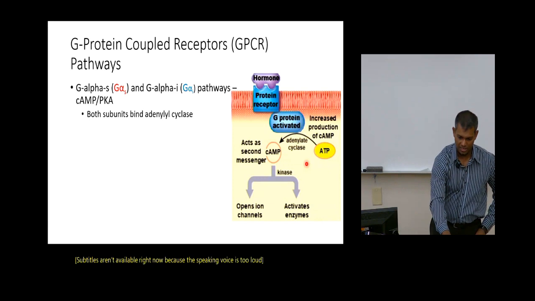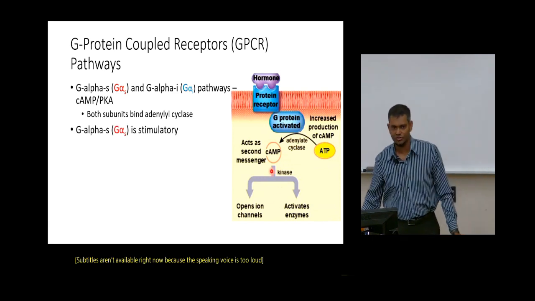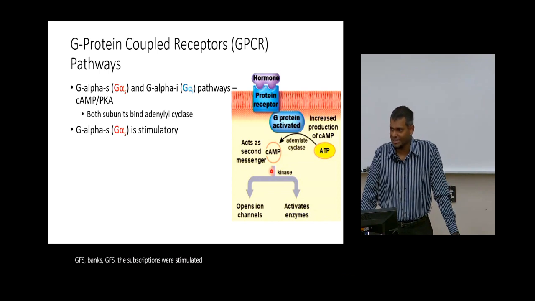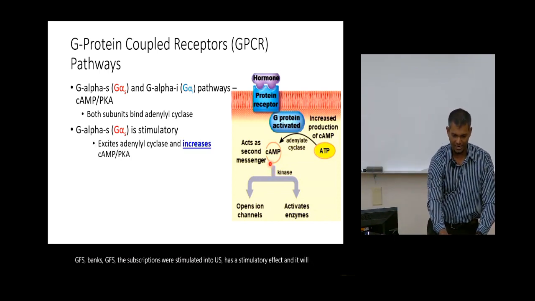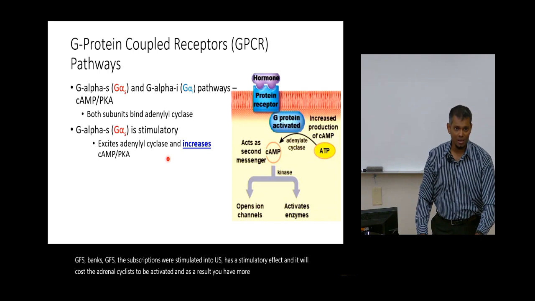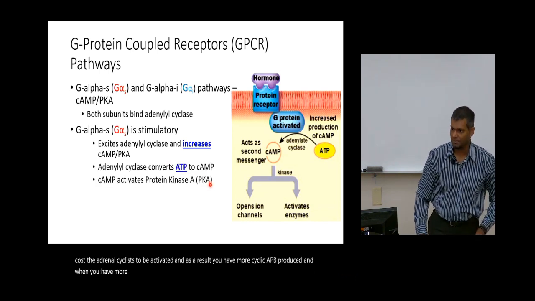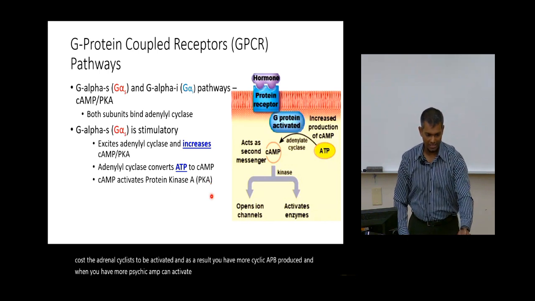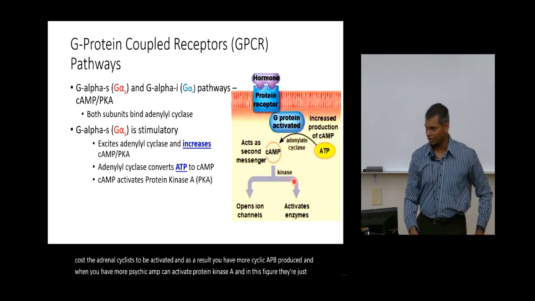So when G-alpha S binds, the S subscript stands for stimulatory. Right? So G-alpha S has a stimulatory effect, and it will cause the adenyl cyclase to be activated, and as a result, you have more cyclic AMP being produced. And more cyclic AMP can activate protein kinase A. And in this figure, they have just mentioned it in general as kinase.